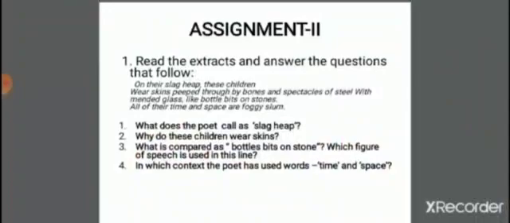Now assignment. Once again, there are some extracts taken from stanza 3rd and 4th, and short questions are asked, which are generally asked in your exam also, like what does the poet call a slag heap, then why do these children wear skins, what is compared as bottle bits on stone, which figure of speech is used in this line, in which context the poet has used words time and space.